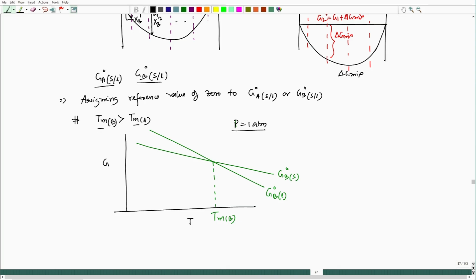That means over the entire temperature range all will be standard states, but now I have to find out where I can assign the value of 0. Why are we doing that? Because that will help us in understanding the drawing of the phase diagram. That assignment will not change our calculation, and we will show it with our calculated data.